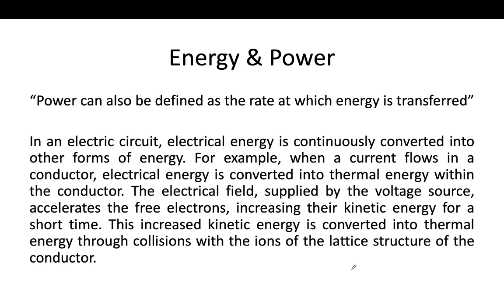The electric field supplied by the voltage source accelerates the free electrons, increasing their kinetic energy for a short time, and this increased kinetic energy is converted into thermal energy through collisions with the ions of the lattice structure of the conductor. So this is explained in this paragraph, how current flows and how the energy is converted from electrical to thermal.